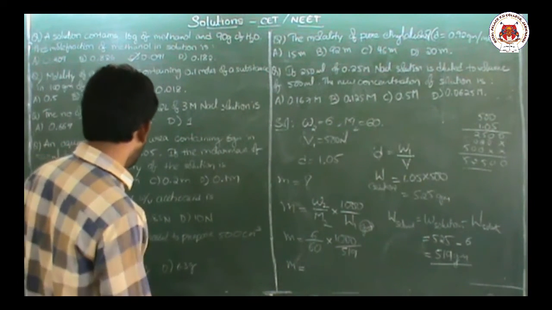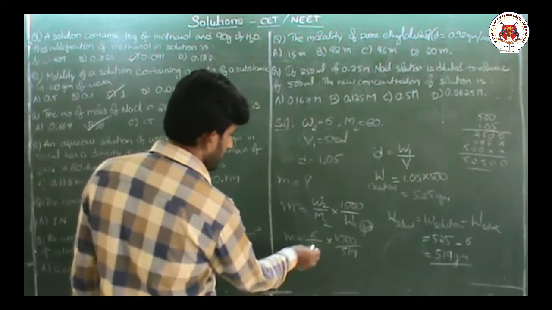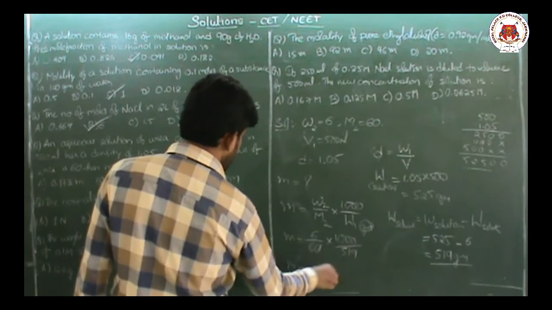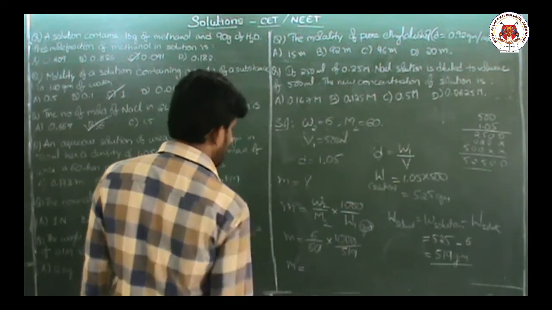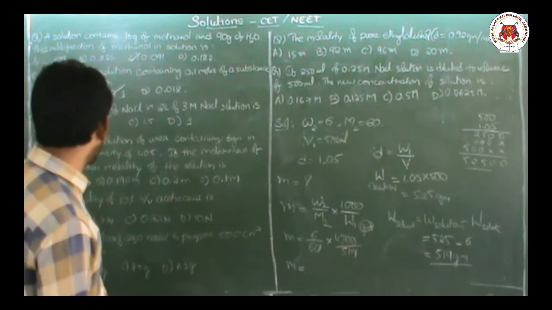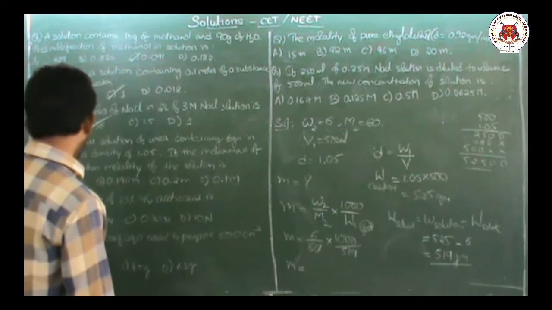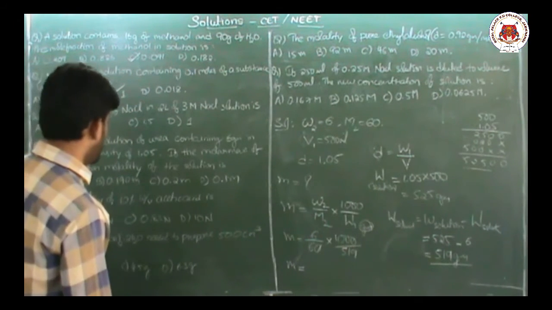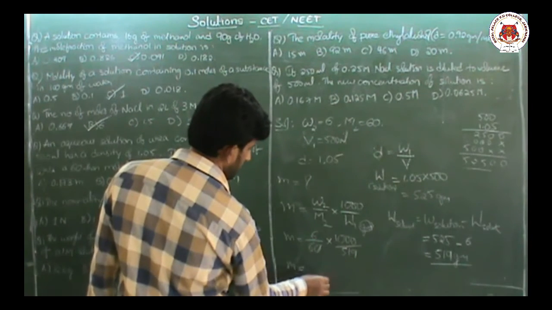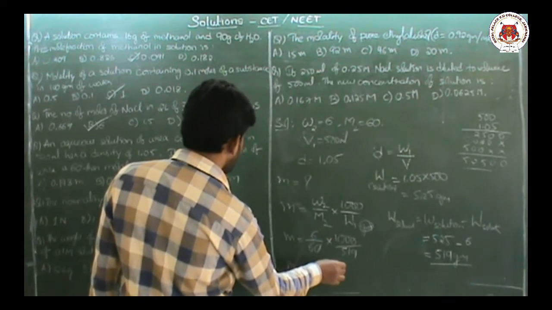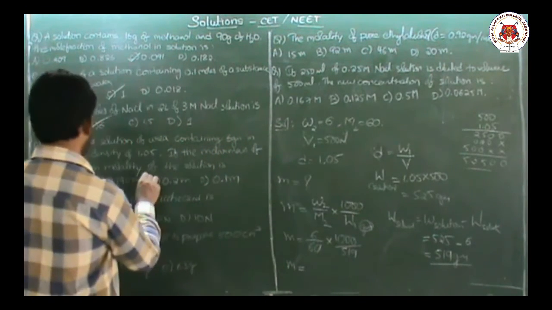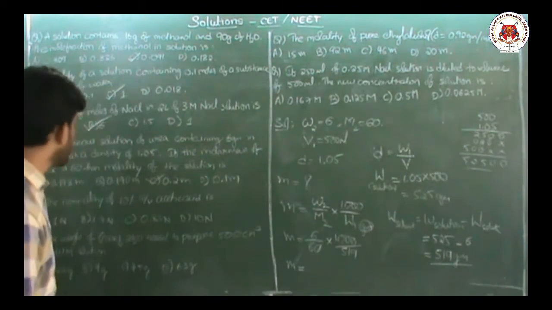If you calculate here, cancelling out these zeros, it is 1. That means 100 by 519. Approximately 100 by 519 we should take. So it comes around 0.1, 100 by 500. Approximately 500 if I take, then it is 1 by 5. 1 by 5 means it can be 0.2 approximately. You can get this.